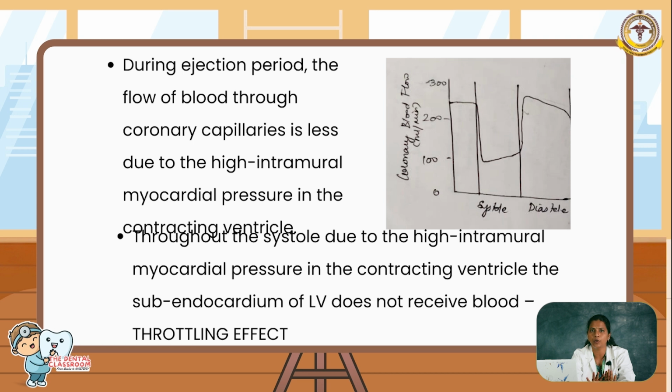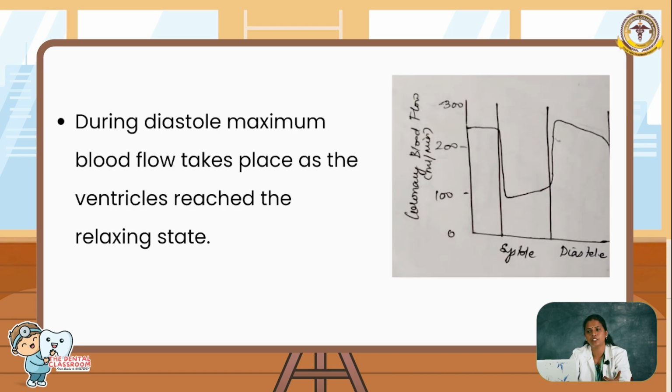Throughout the systole, because of the high intramural myocardial pressure, the subendocardium of the left ventricle does not receive any blood because of this throttling effect. So this is called the throttling effect. Throughout the systole, the heart stays in a contracted state. During diastole, the maximum blood flow takes place because of the relaxed state of the heart.